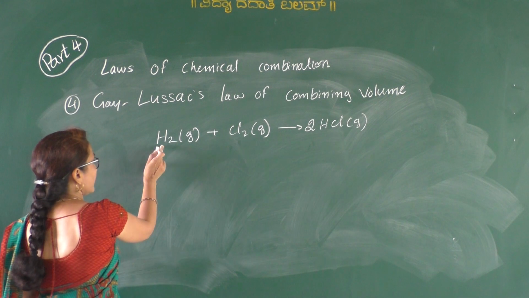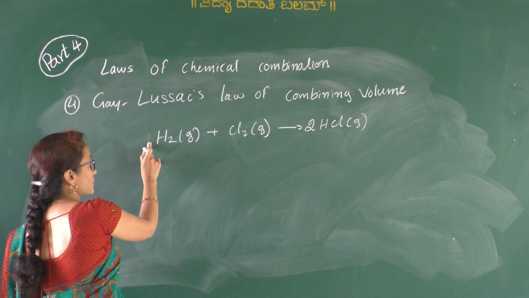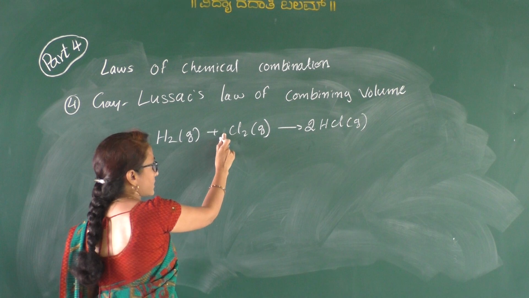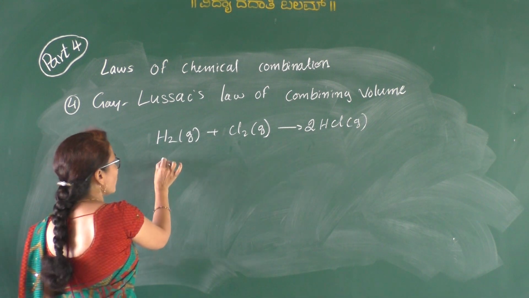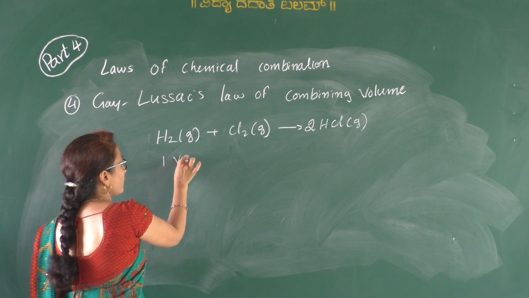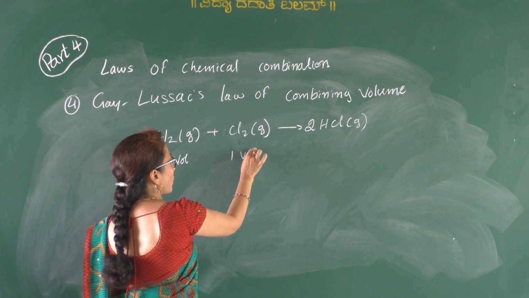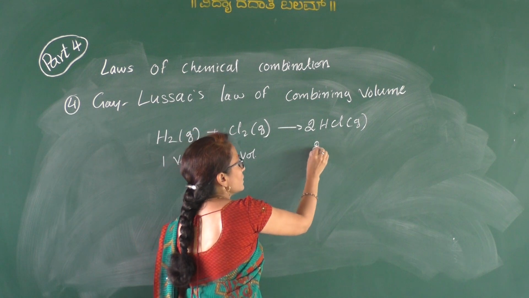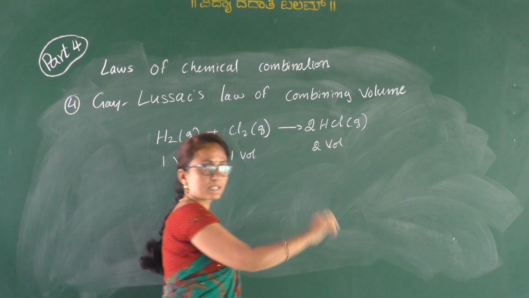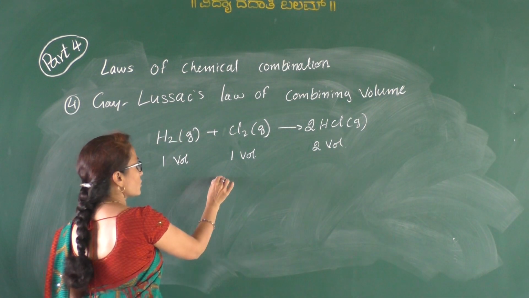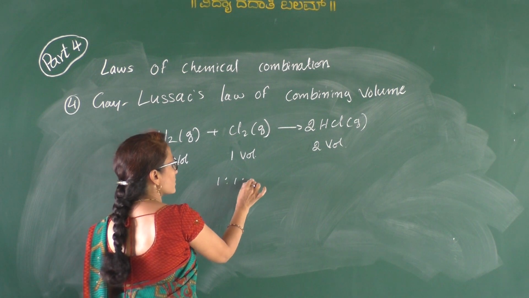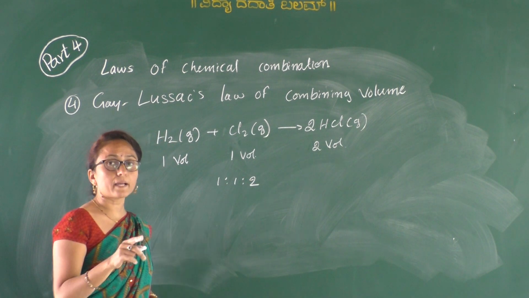Here the stoichiometric coefficient is 1, and here also the stoichiometric coefficient is 1. So one volume of hydrogen combines with 1 volume of chlorine, and it forms 2 volumes of HCl. Therefore the ratio is 1:1:2. That ratio is by volume.